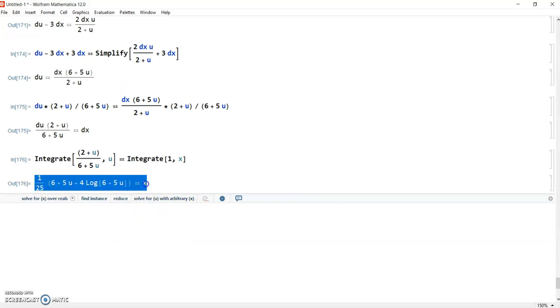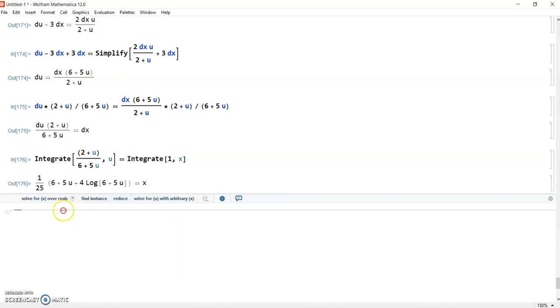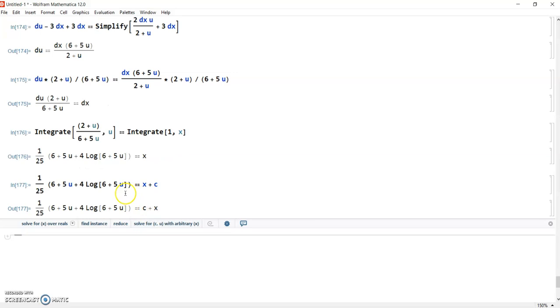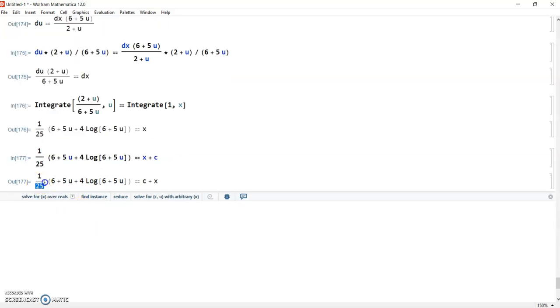So at the next step I will add a constant of integration, c here. Okay, and then I will replace the value of u in terms of x and y.